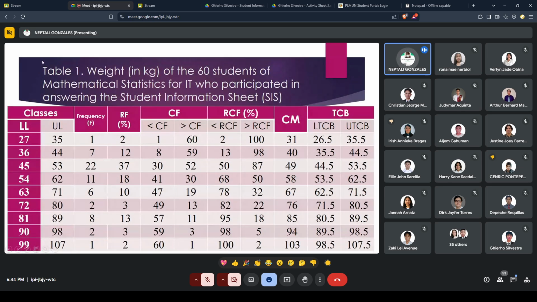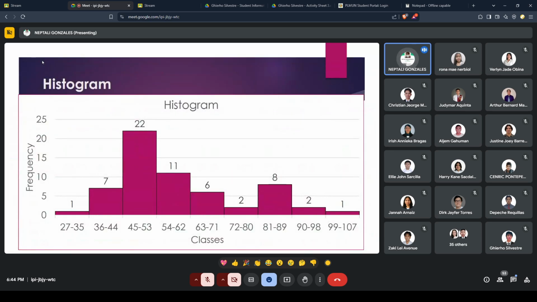The specific graphical presentation of the frequency distribution table is the histogram. That is the name of the graphical presentation of a frequency distribution table. If we graph this into a histogram, we will have the following.